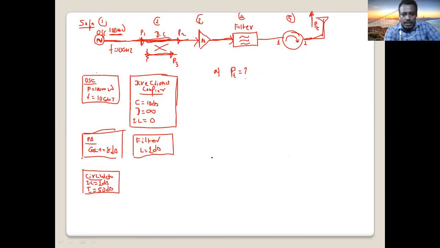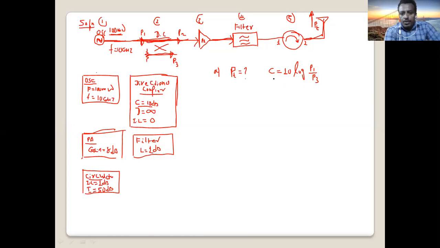So from our coupler, how much is C? C is 10 dB. 10 dB coupler, as we have discussed, coupling means what? 10 log of P3, sorry, P1 divided by P3.